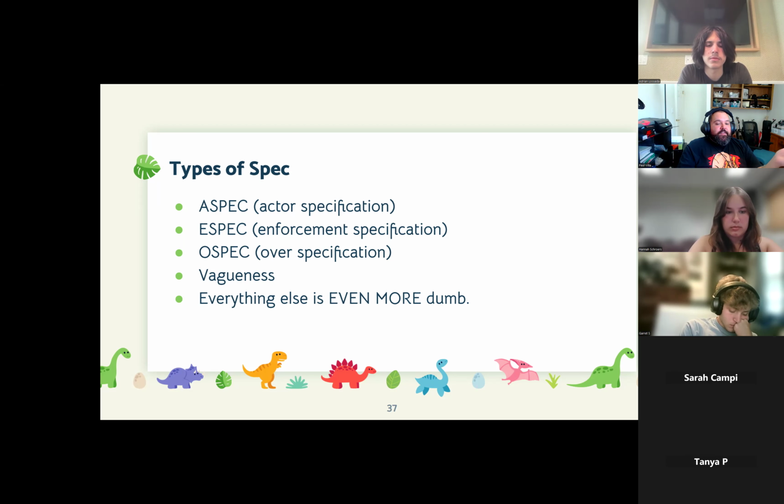I think actor specification and enforcement specification can be very winnable, but it depends on the resolution, right? Whitman has been making a killing off of A spec and E spec without labeling it as such the last two nationals. Anytime there's a resolution, they'll try and find, well, there's two bodies that could do this technically.